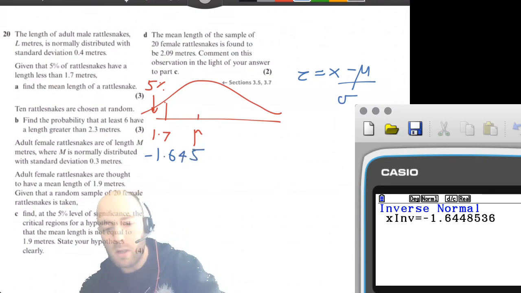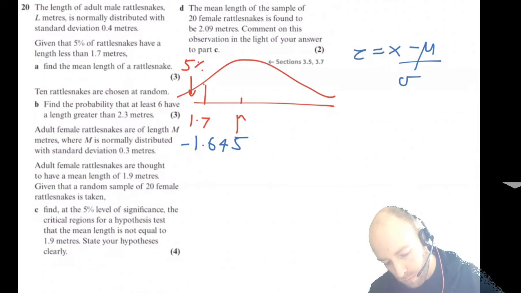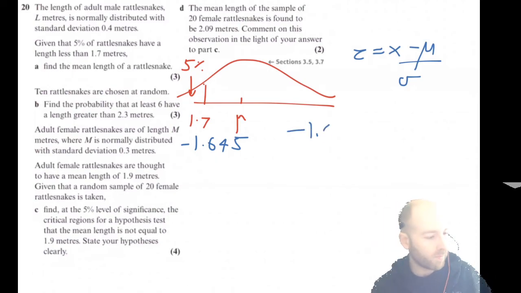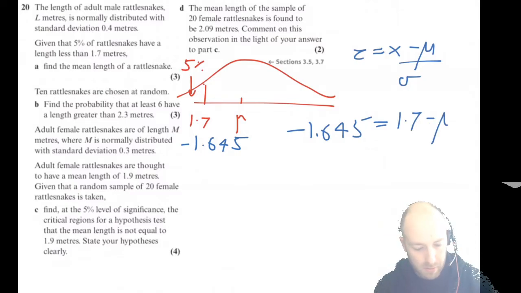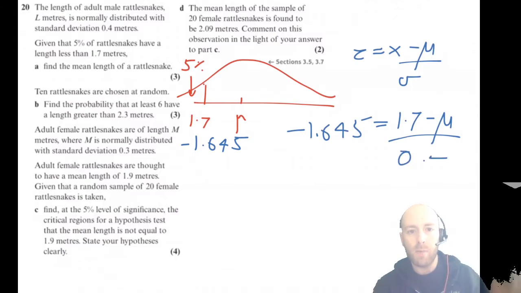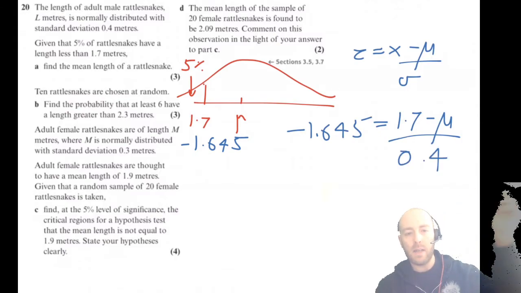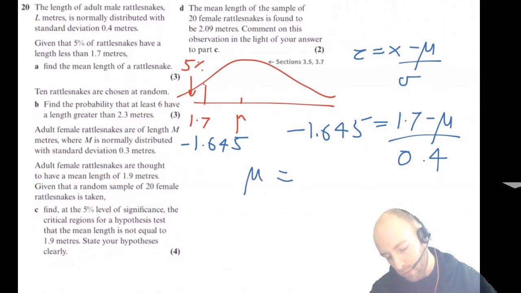All right, so we're going to uncode that using our Z equation, Z equals X minus mu over sigma. So minus 1.645 is equal to X, which is 1.7, minus mu, which we don't know, divided by the standard deviation, which was 0.4. If we times up by 0.4 and then add mu and subtract the number, we can find that mu equals 2.358.